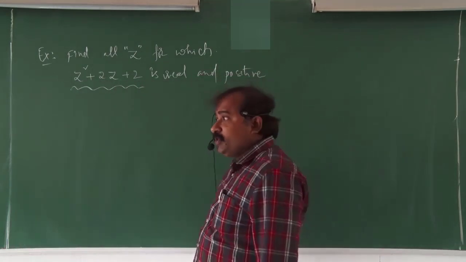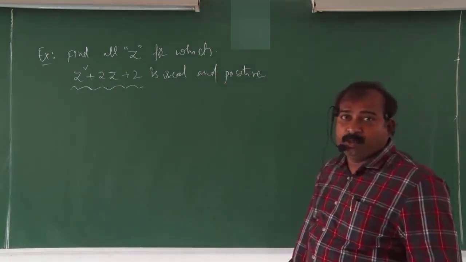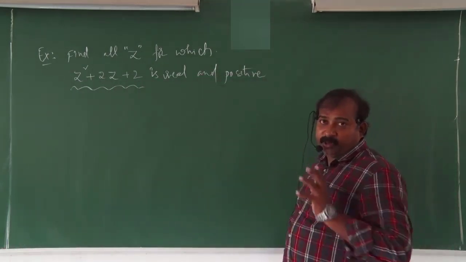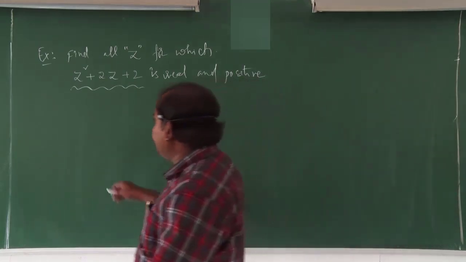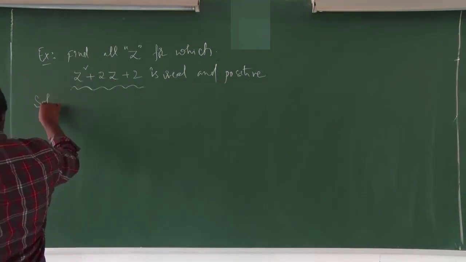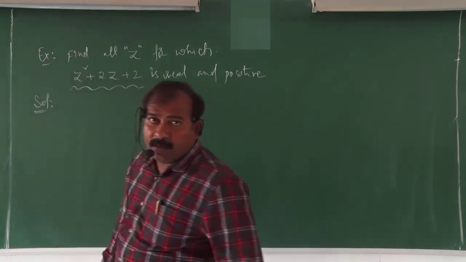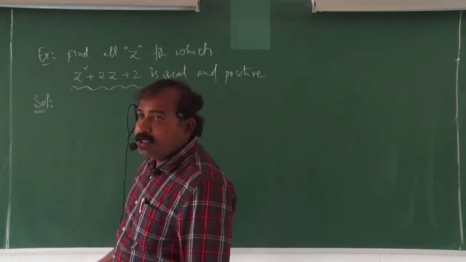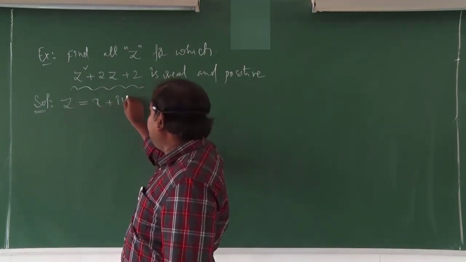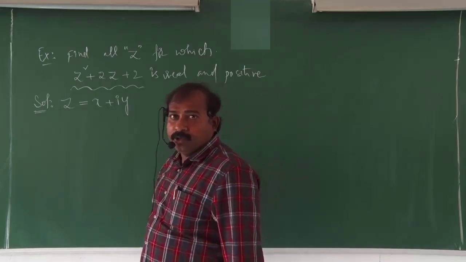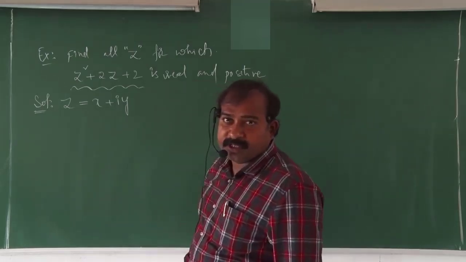Then what complex numbers will satisfy that particular equation, which satisfies the conditions real and positive? So same here also. Whenever solving a complex equation, immediately you can take, let z equal to x plus iy.